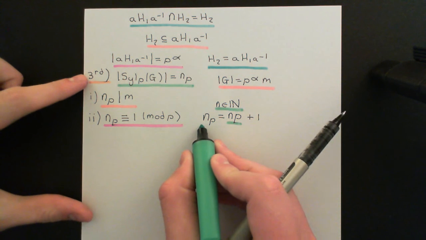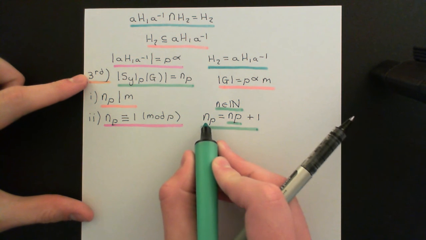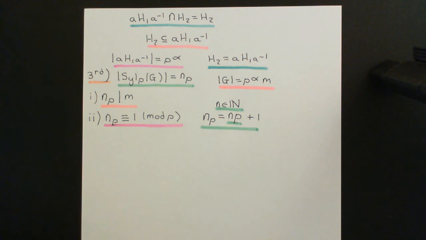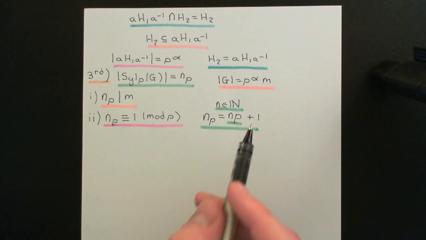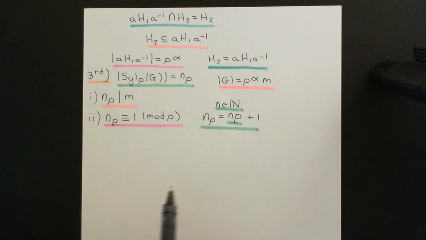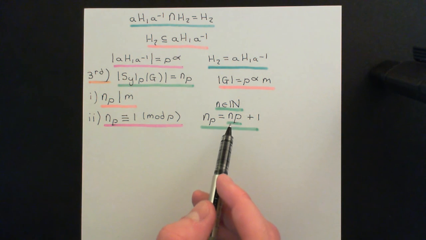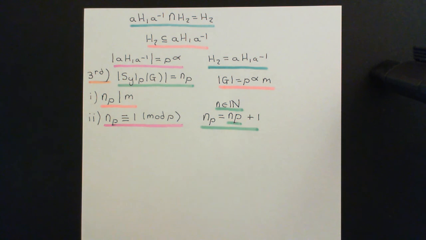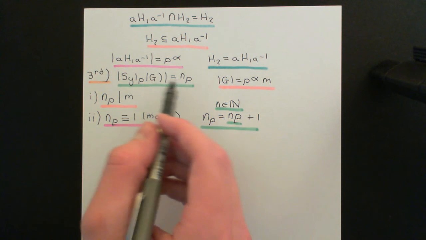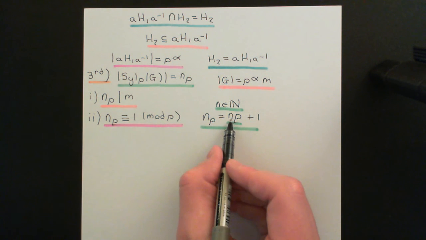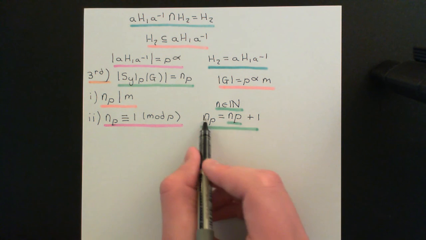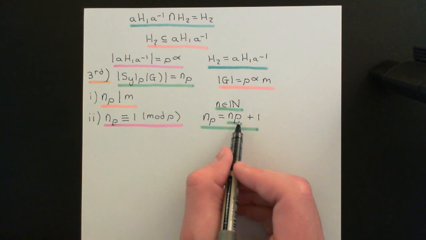Okay, the number of Sylow p subgroups in the group capital G is always going to be congruent to 1 modulo p. It's always going to be 1 more than some multiple of the prime p. Okay, and in the case of counting Sylow p subgroups, this will always be a natural number because we'll always want the overall answer to be a positive number.